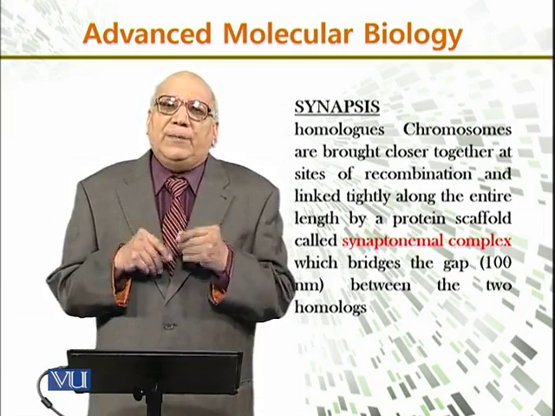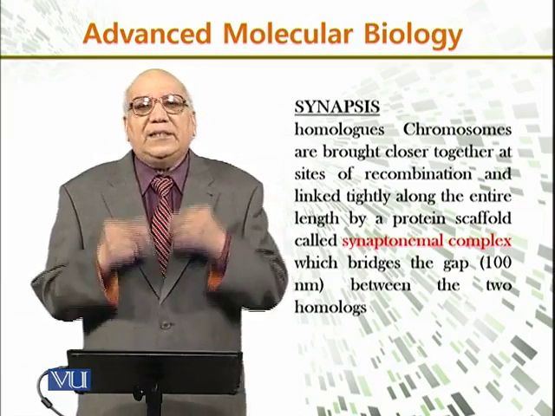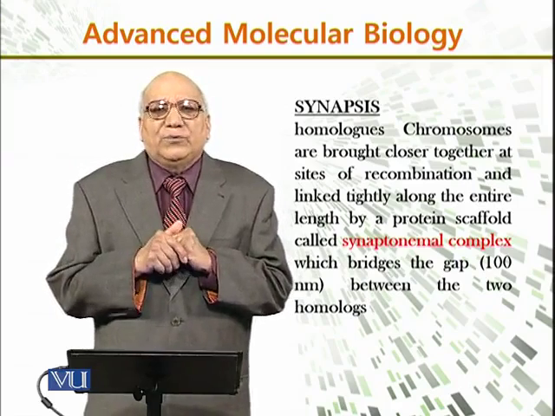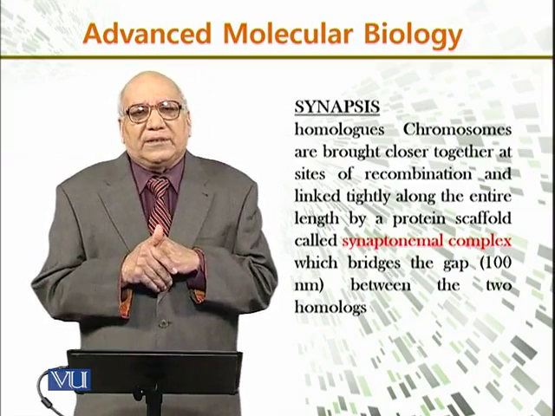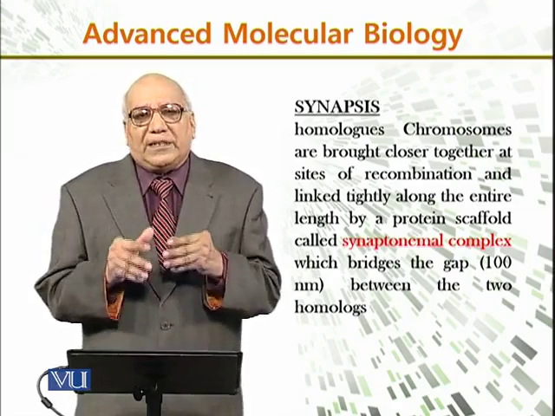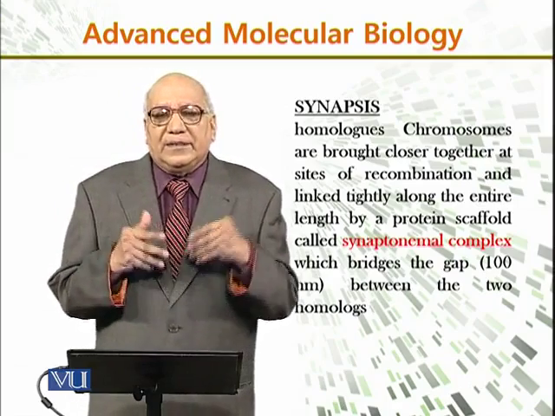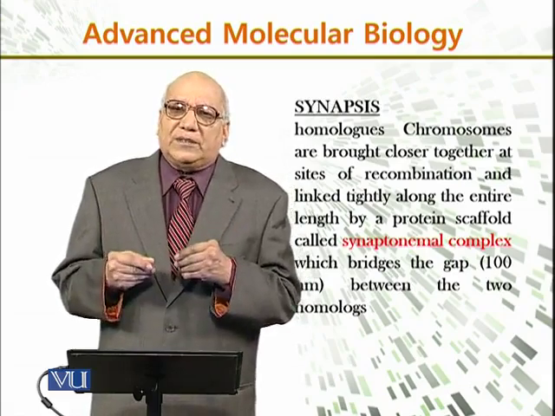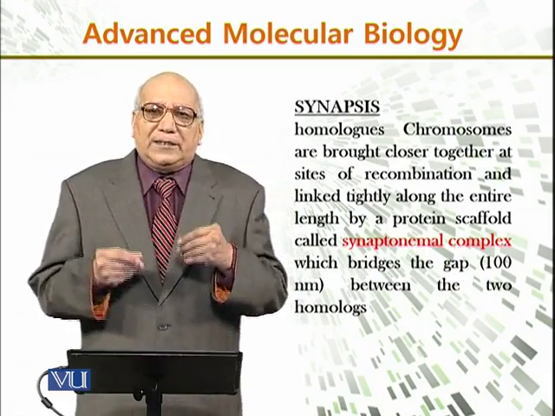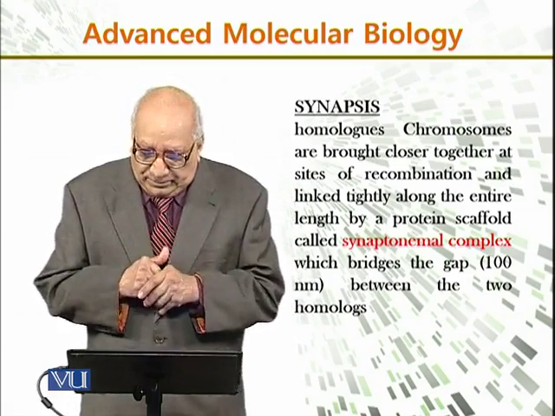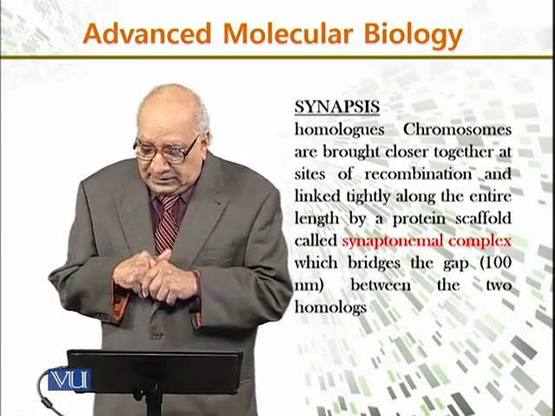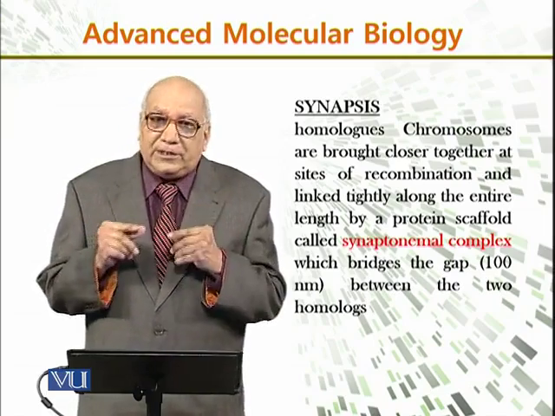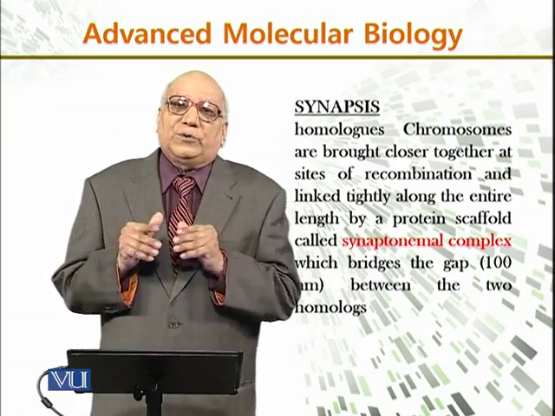Remember, in our earlier lecture we discussed the cell cycle, and we mentioned the proteins. Proteins are very important. A particular kind of protein works in this, and they are known as synaptonemal complex proteins, and they bridge the gap between the chromosomes.